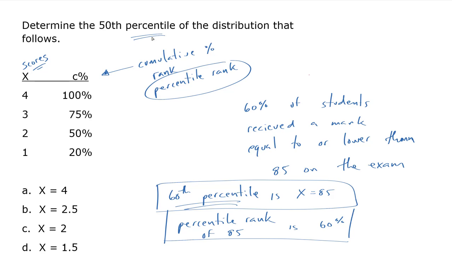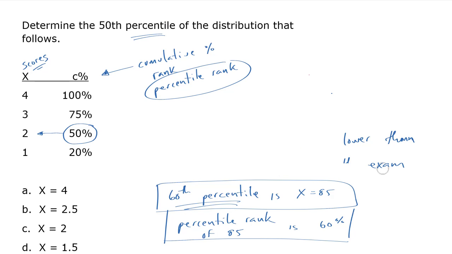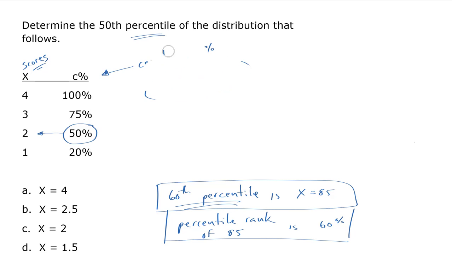So when we're looking for the 50th percentile, we're not simply going to say that it's 2. So let me clear some space here, and I'll explain why it's not just matching the number across the row. When you're looking at your frequency distribution table like this, and you've got your scores, you have to keep in mind that these scores have real limits.